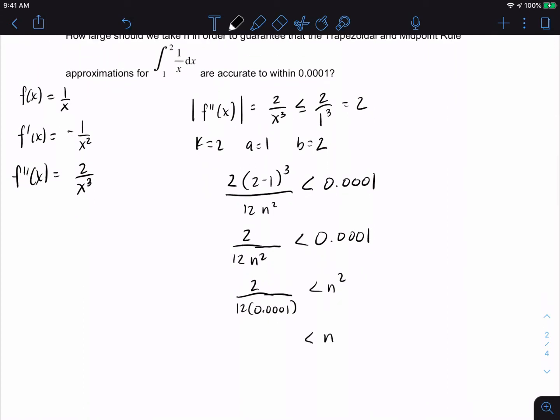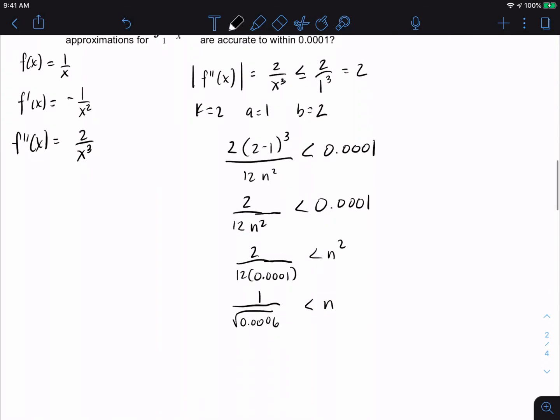So n should be 1 over the root of 0.0006. And so that's going to give me 40.8 for an n, but my n must be an integer, so therefore n should equal 41.